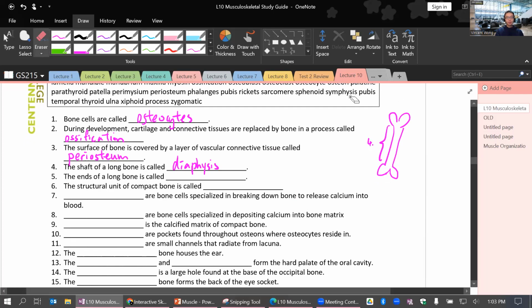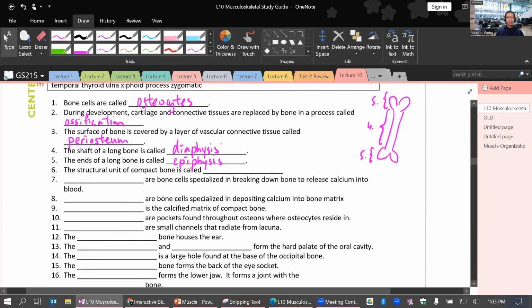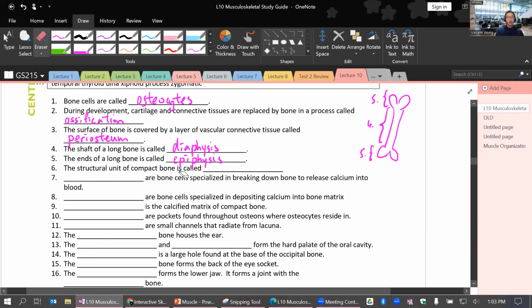Whereas the ends of the long bone are called the epiphysis. All right. The structural unit of compact bone is called an osteon. Okay, you might remember they look like 3 rings, and I drew it out in one of the videos.